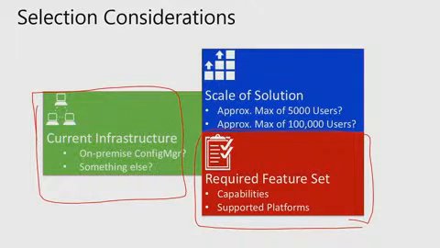So this is where you really do need to get down into the details of each product offering, and go back and have a look at the tick box in the first module that shows the capabilities and the platforms that are supported by both the cloud-only config and the unified config. And in this space here, this is where you really do get into, okay, well, we absolutely have to support Windows Embedded.